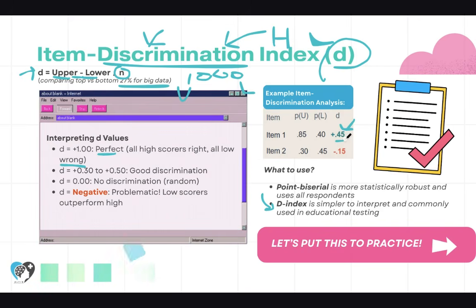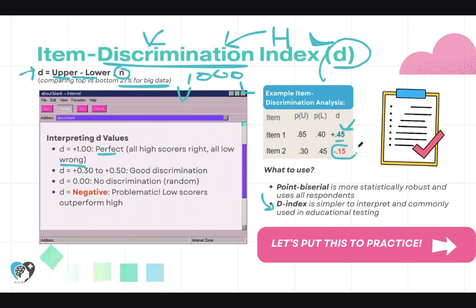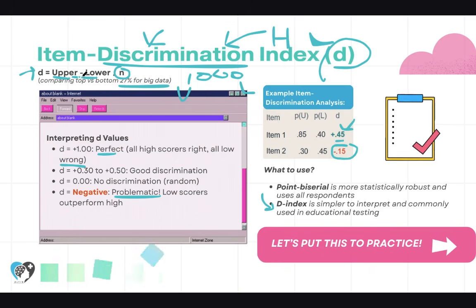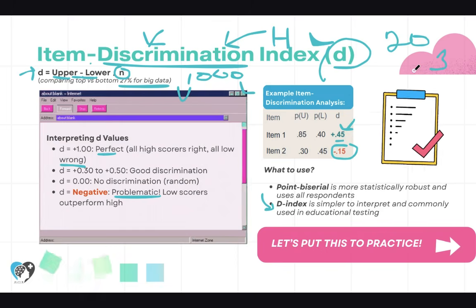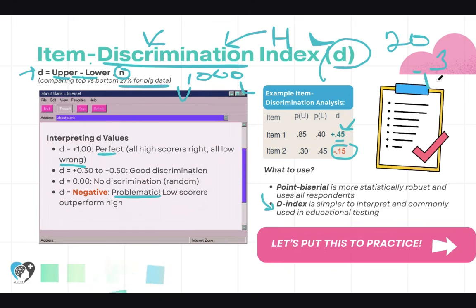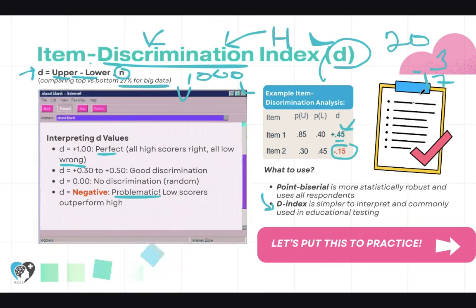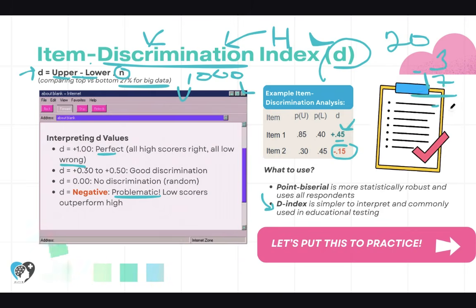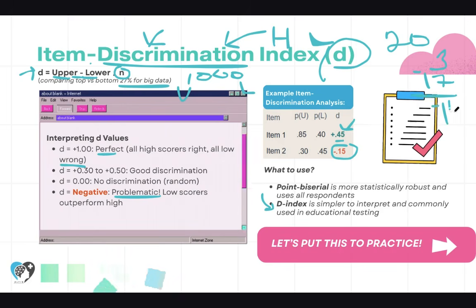But if it's a negative value, you should be worried. Why? It's a problematic item. Since you subtract the upper from the lower, it means the lower group has the bigger number. For example, you have a total of 20 test takers, and in your upper group, three got that item correct. Your low scorers, 17 in all, got that item correct. So you subtract and get a negative: negative 14.